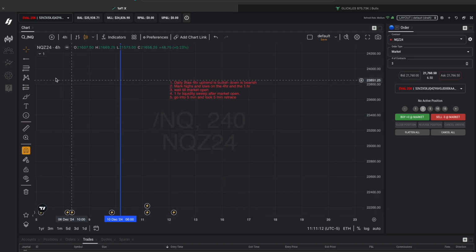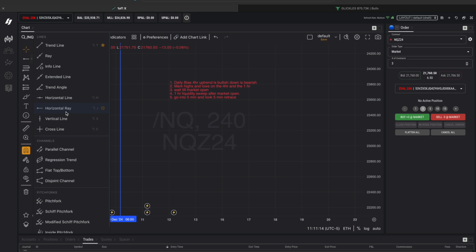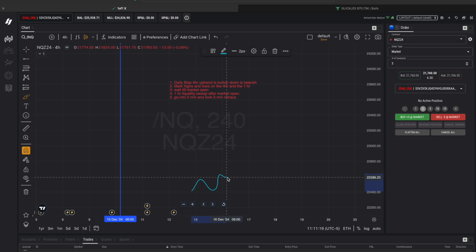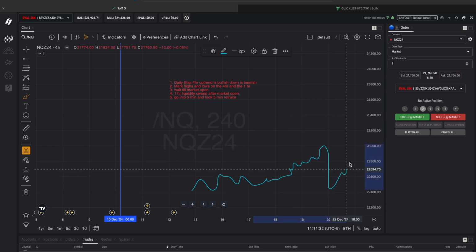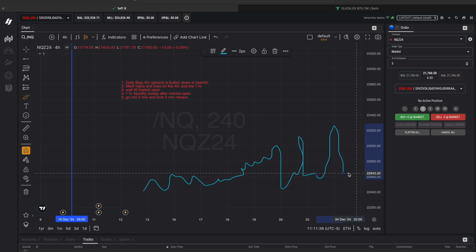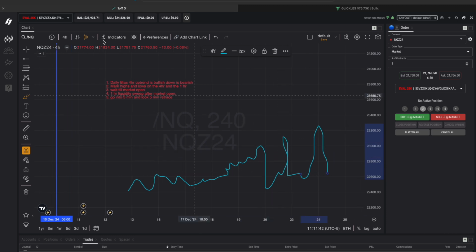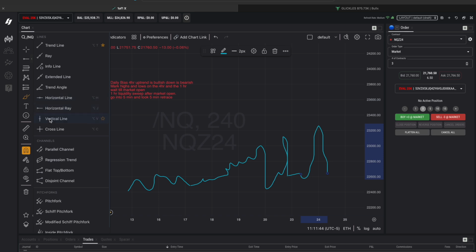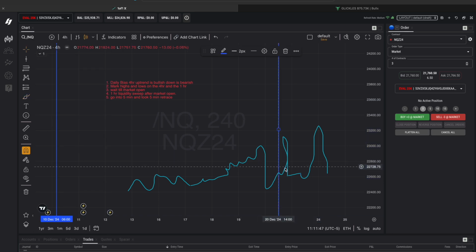So let me draw this out just so we can see what's going on here. So let's say market opens right here.